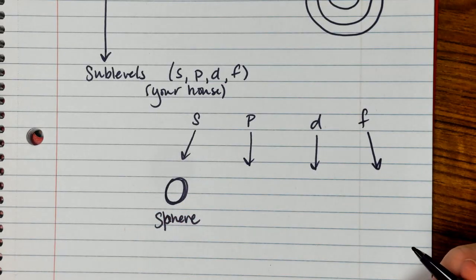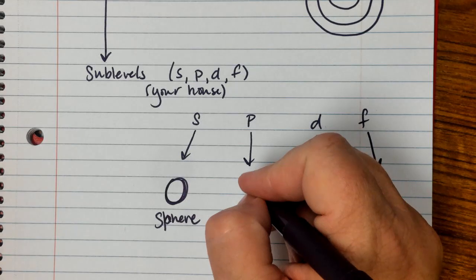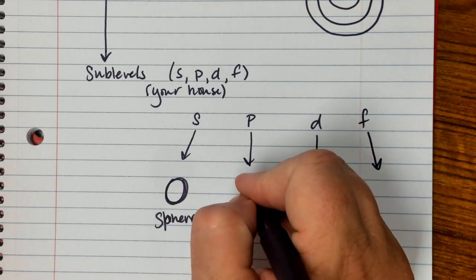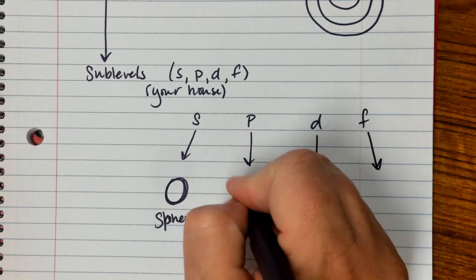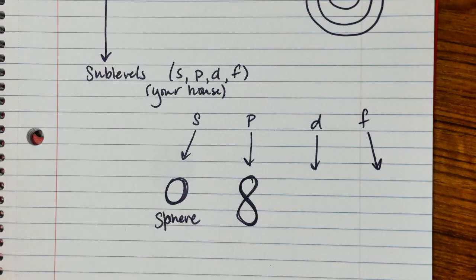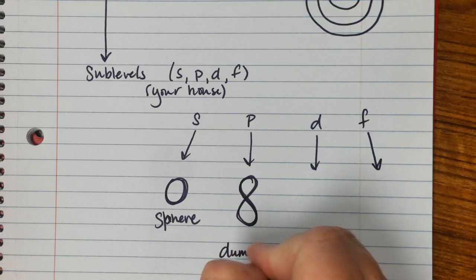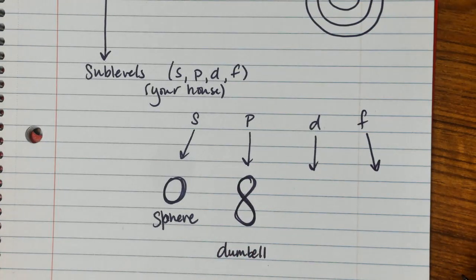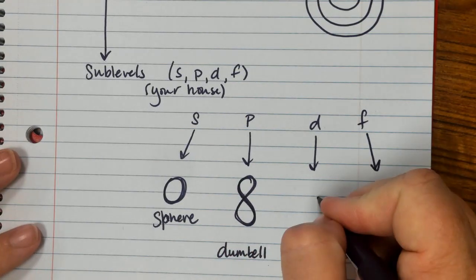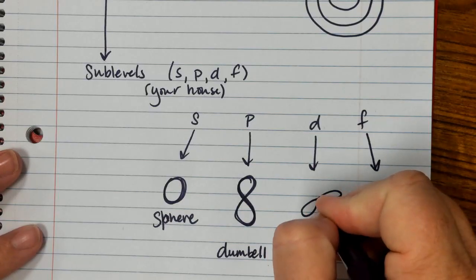And then the P looks like a dumbbell, which people will tell me looks like an 8. Sort of, yeah, like an infinity symbol. It looks like a dumbbell. That's what most chemists say the shape looks like. And then the D looks kind of like a flower. Good.